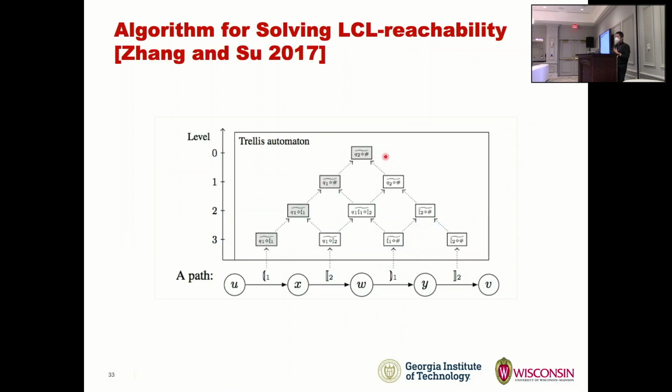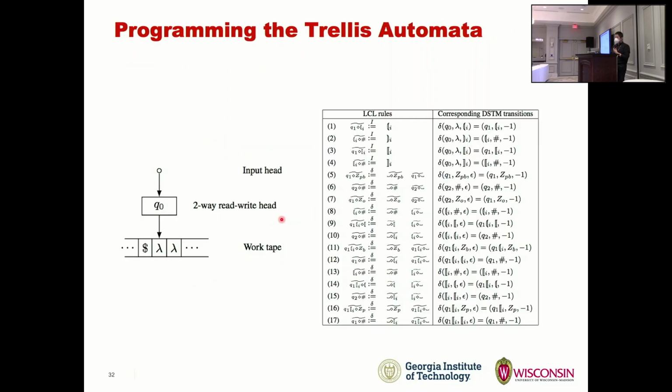But I will show an example here, which is essentially the same as the previous example that we just saw. In a chain graph case, we only have one path between any two nodes, and each edge label will be first initialized to a non-terminal. Recall that all the LCL grammars can be divided into two cases.